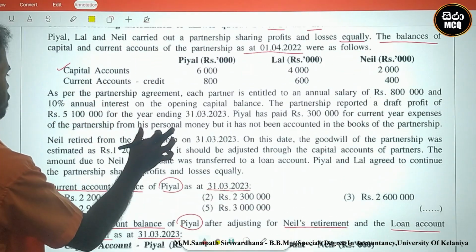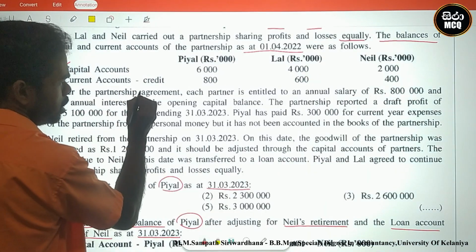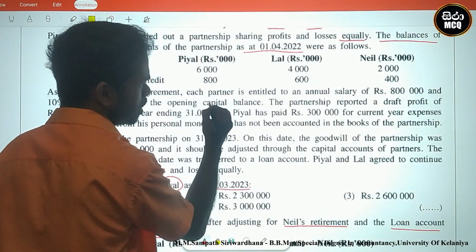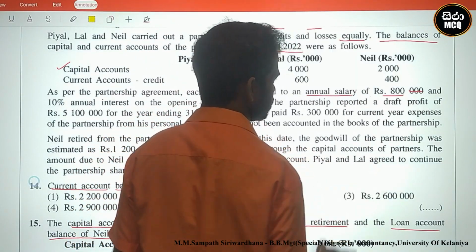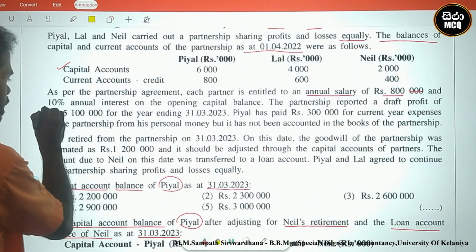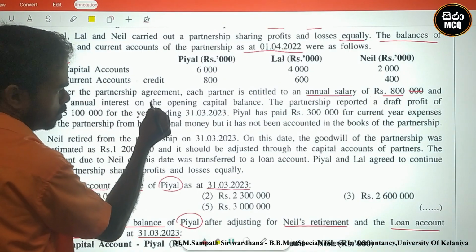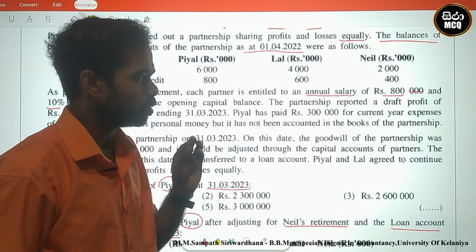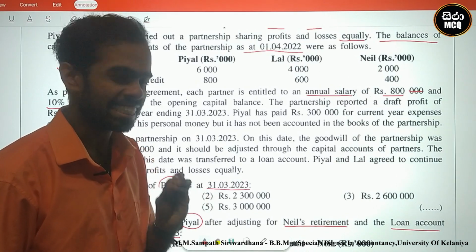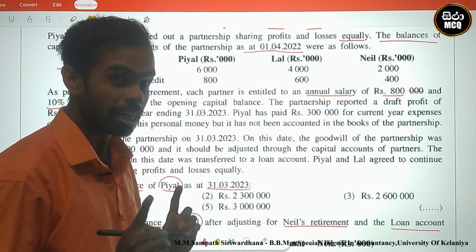Let's see the question. As per the partnership agreement, each partner is entitled to an annual salary of 800 and 10% annual interest on opening capital balances. Before recording this interest on capital and partner salary, I must read the retirement case.